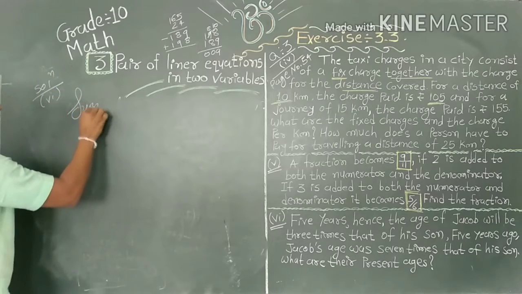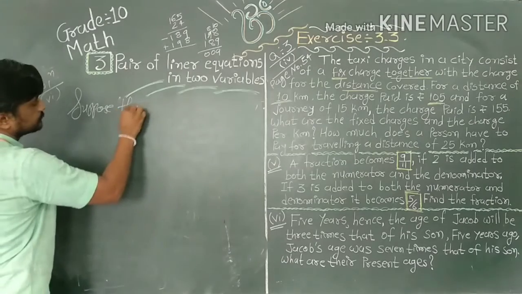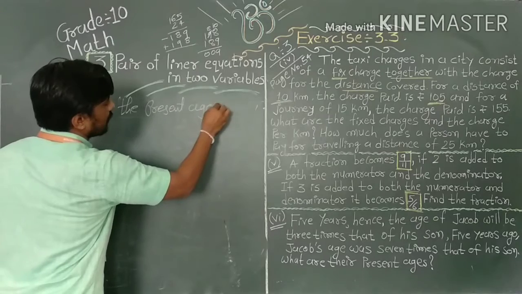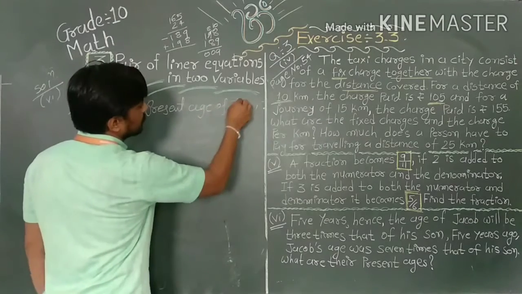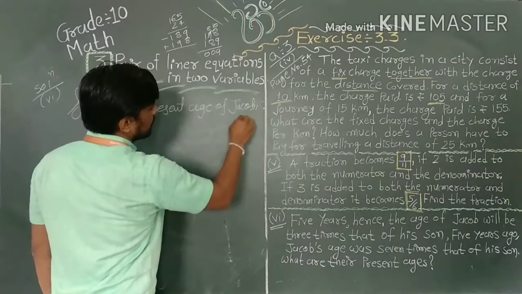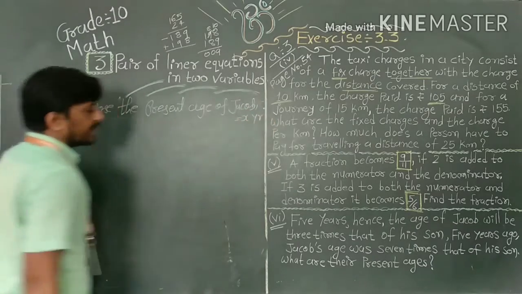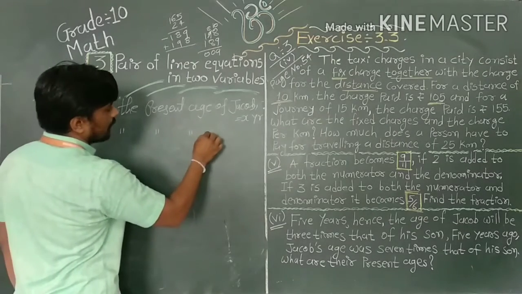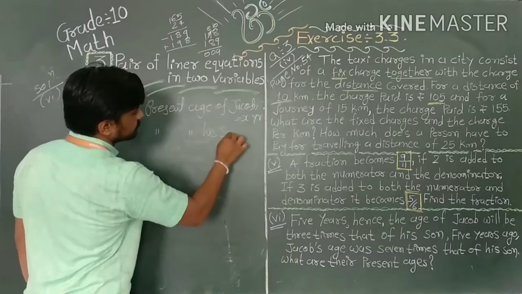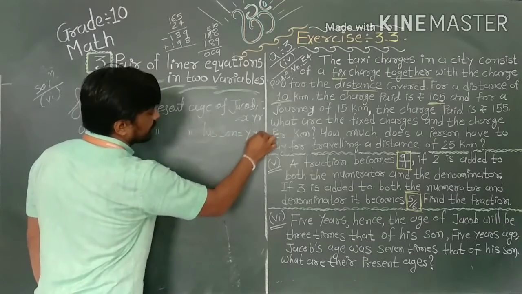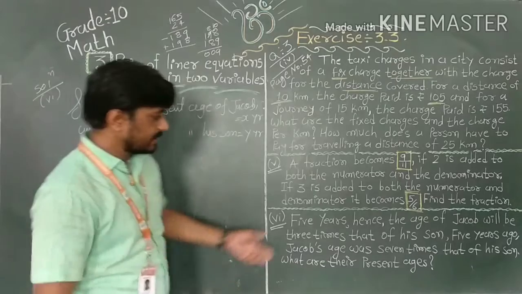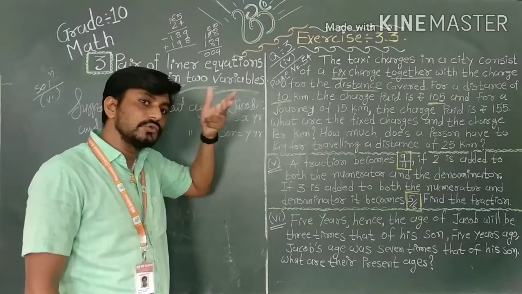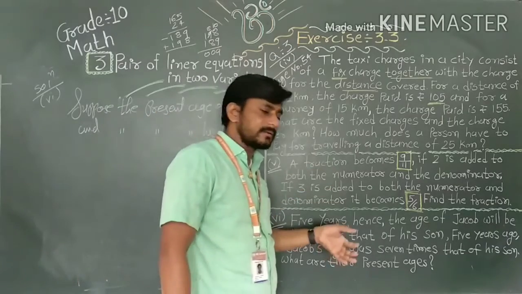Suppose the present age of Jacob is equal to x years, and the present age of his son is equal to y years. Now we apply these two conditions on these two variables and get two equations. Every time it happens.